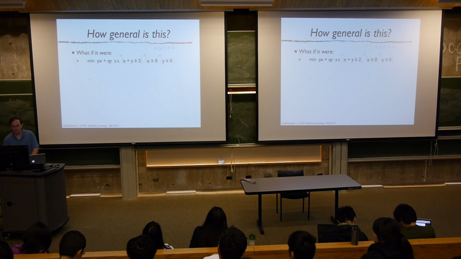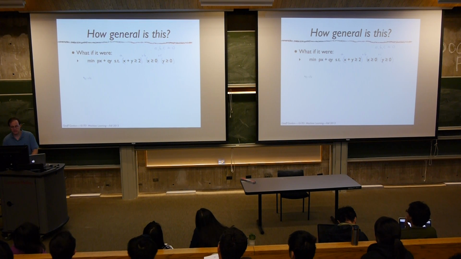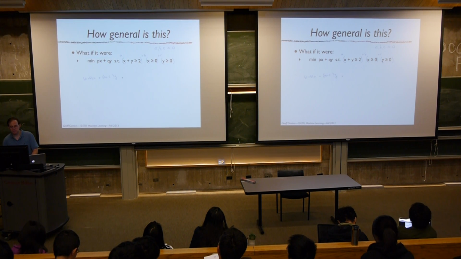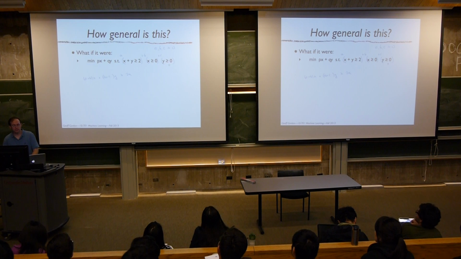On the left-hand side we get a plus b times x, that's ax here and bx here, plus a plus c times y. The right-hand side is greater than or equal to 2a plus 0b plus 0c. So this is a generic form of the constraint that I can get by taking linear combinations of these.